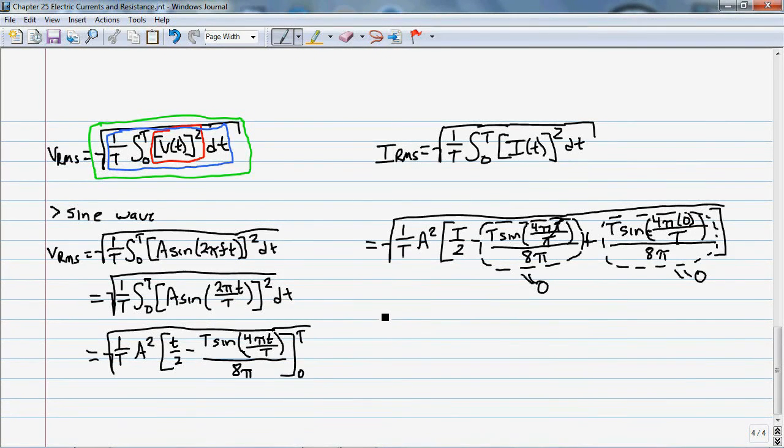And now I'm left with the square root of 1 over T times A squared times T over 2. And that just simplifies to A squared over 2, and that's just equal to the square root of 1/2 times A. Actually, I should put A in front of the radical.